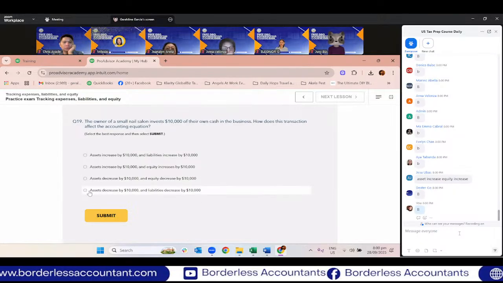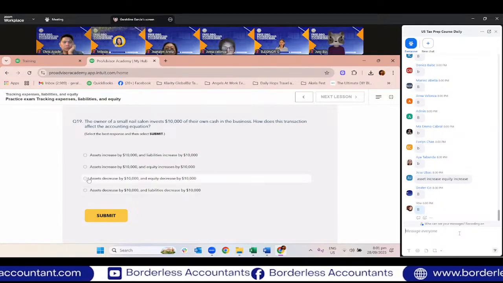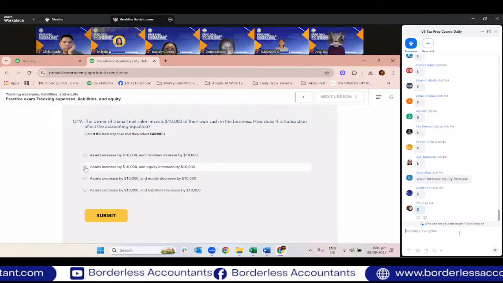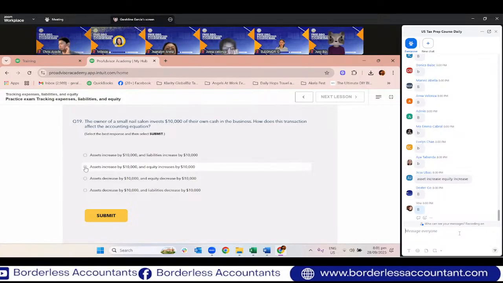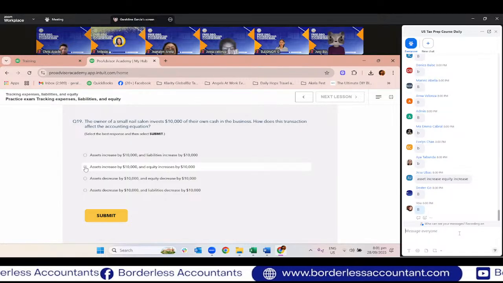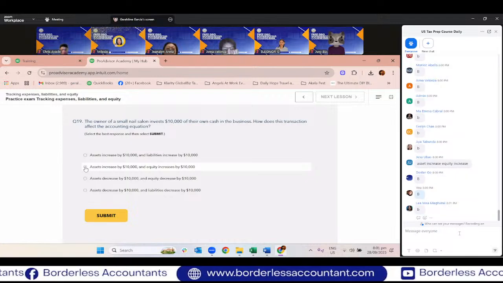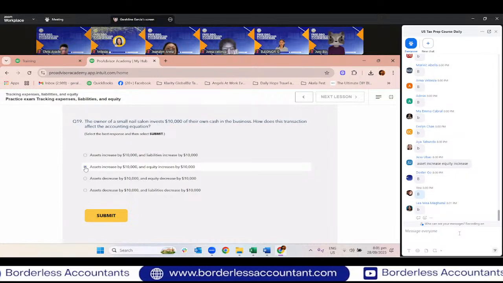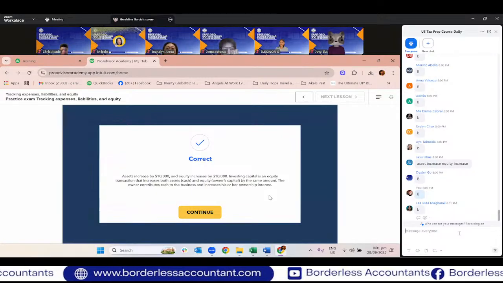Okay, let's go to the next. Assets decreased by 10,000 and liabilities decreased by 10,000. So by investing 10,000, assets are increased by 10,000 and then the equity is also increased by 10,000. So that's letter B. Let's submit again. Okay, letter B is the answer.